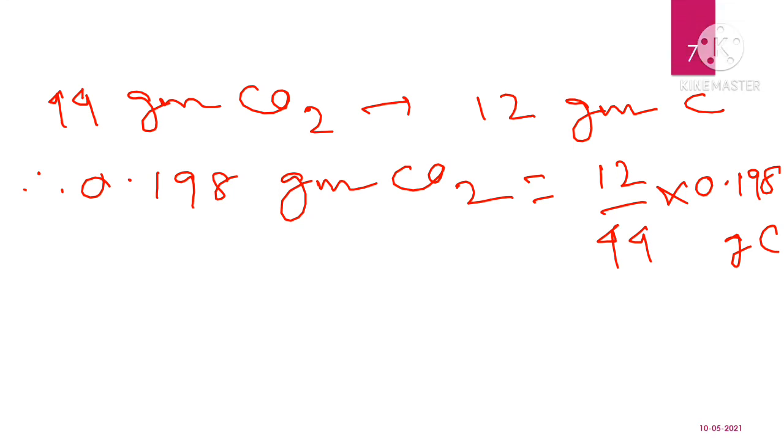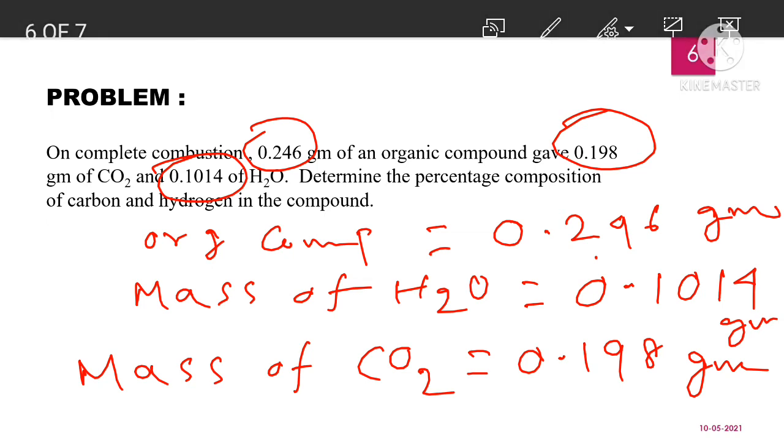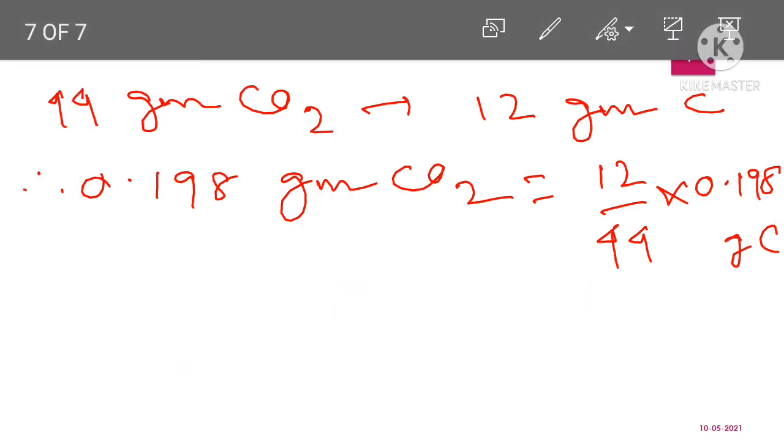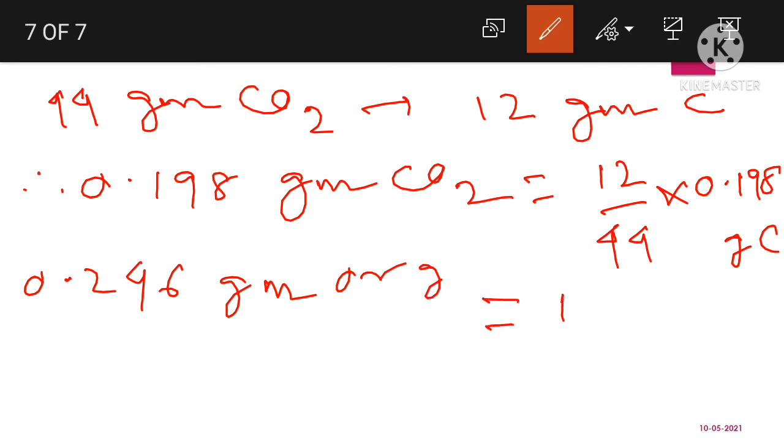Then the organic compound has the mass 0.246, so 0.246 gram organic compound will give this much carbon, 12 by 44 into 0.198.